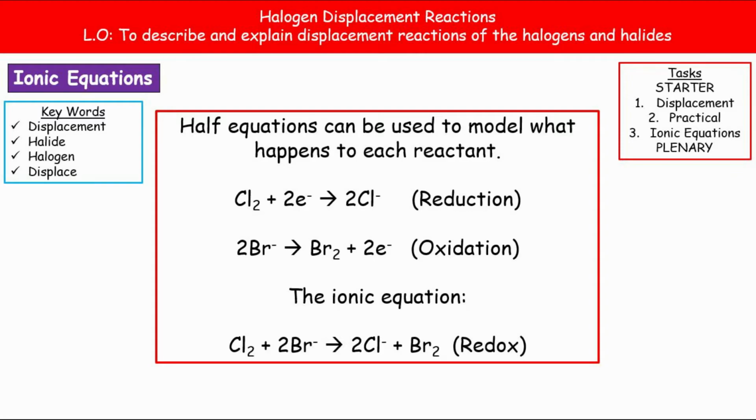Then on the other side, we're going to have two chloride ions, 2Cl minus, and one bromine molecule, Br2. And because we've got both the reduction for the chlorine and the oxidation for the bromide happening at the same time, we've got a reaction called a redox reaction. Reduction and oxidation at the same time.